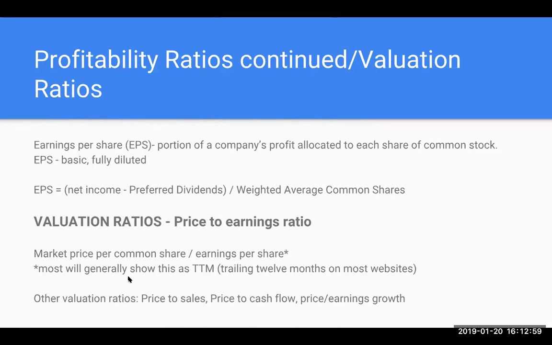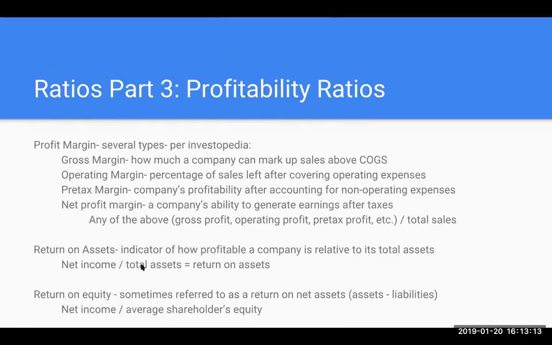Earnings per share is net income minus preferred dividends, all divided by the weighted average common shares. When we're looking at profitability ratios, this is really how we're doing profit-wise as a business in terms of financial statement net income.